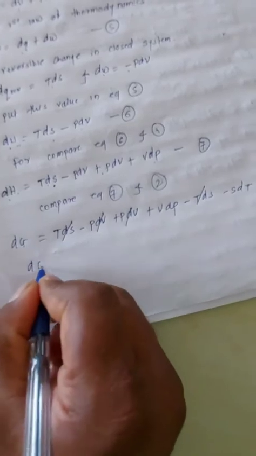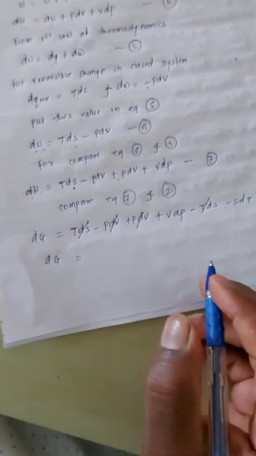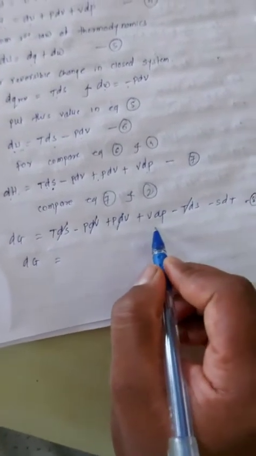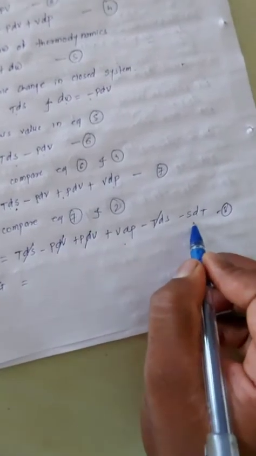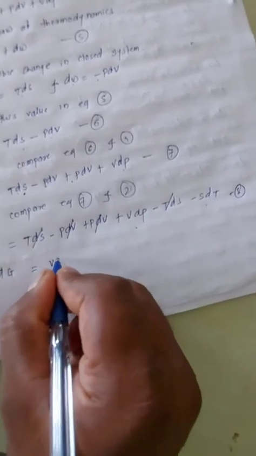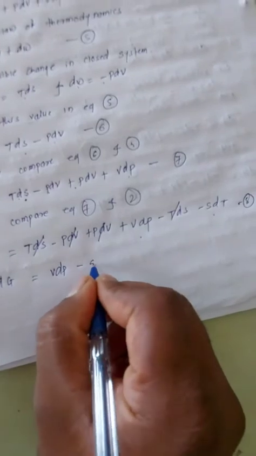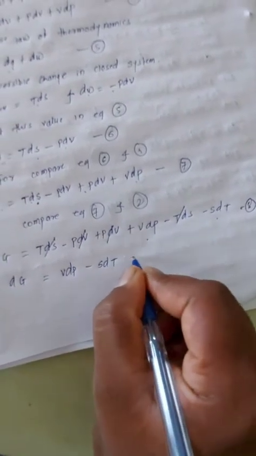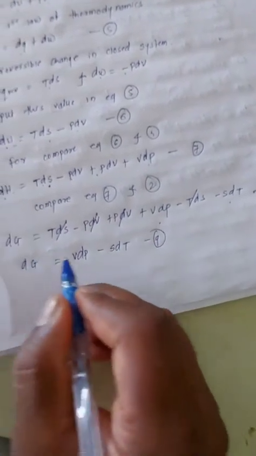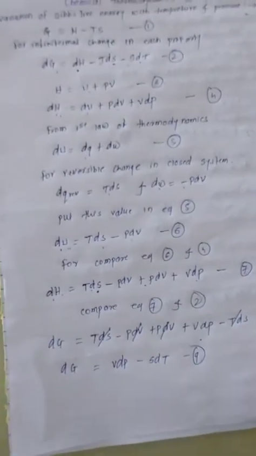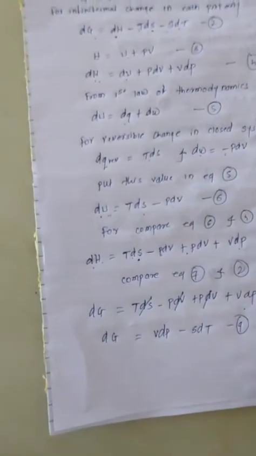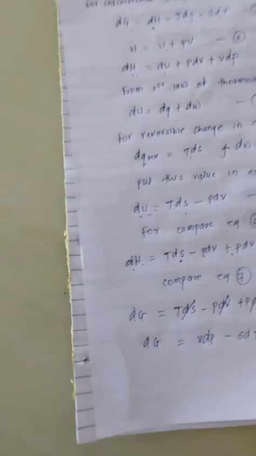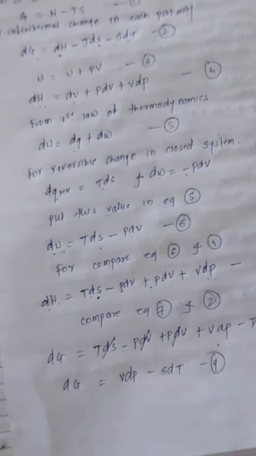Then dG is equal to the remaining terms, VdP minus SdT, that is dG is equal to VdP minus SdT. This is equation number 9. Now, variation with temperature and variation with pressure.